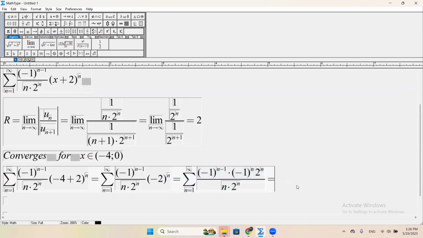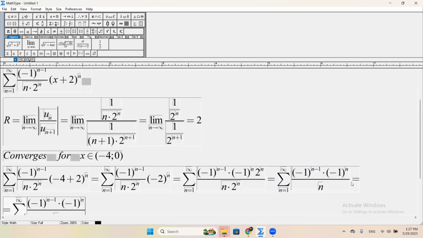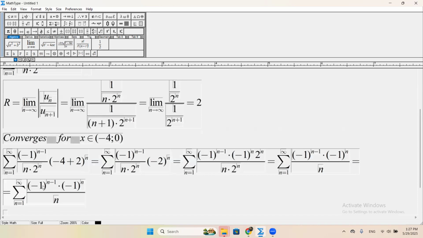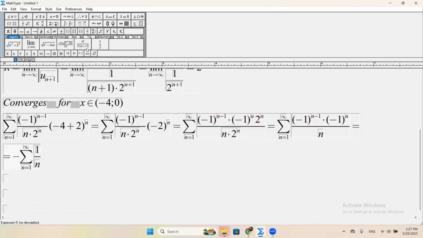Now I just remove this and this, and actually I receive the following series: 1 over n. We received the harmonic series that always is divergent. So it diverges for x equals minus 4.